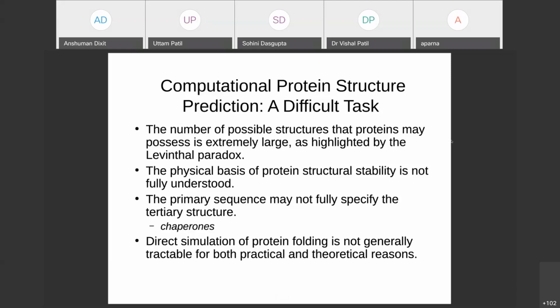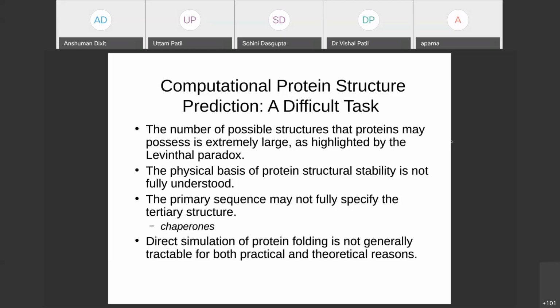Because of the inherent flexibility, when two amino acids join with each other, that gives rise to an enormous number of possible structures, because one protein might have a number of amino acids, say 100, 200, or a mid-sized protein might have 800 amino acids, and each amino acid has a lot of degrees of flexibility. So you can calculate what could be the possible number of structures.